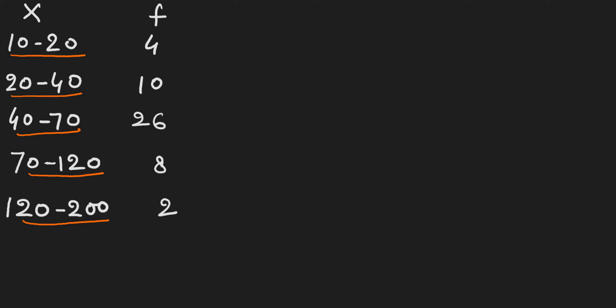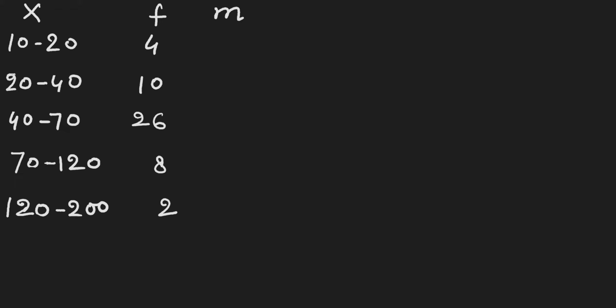If we have to calculate arithmetic mean in this type of question, we can apply any method of our choice, and then we can calculate arithmetic mean. So in this question we will apply the step deviation method, and for that we have to calculate mid value.